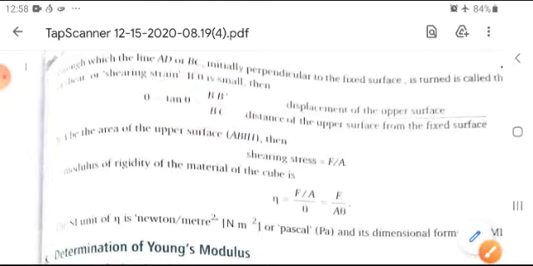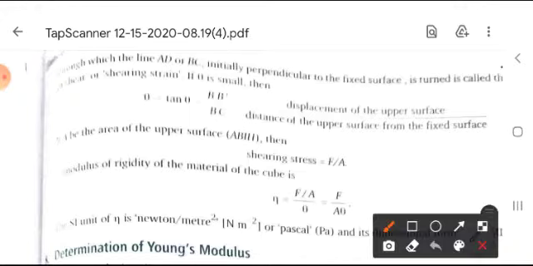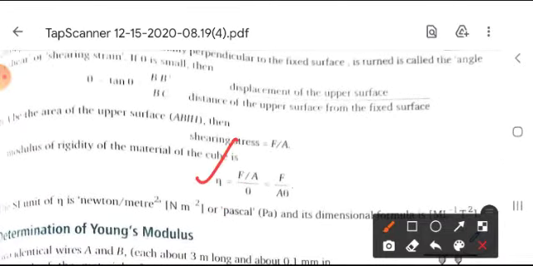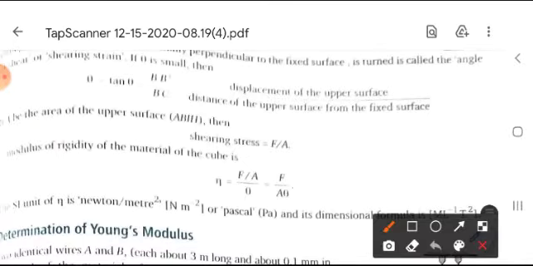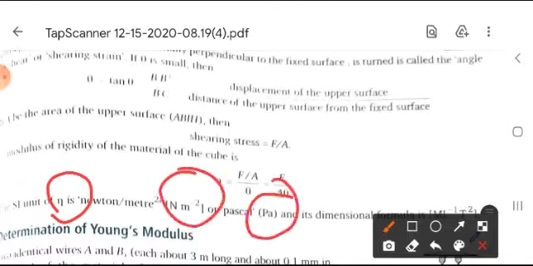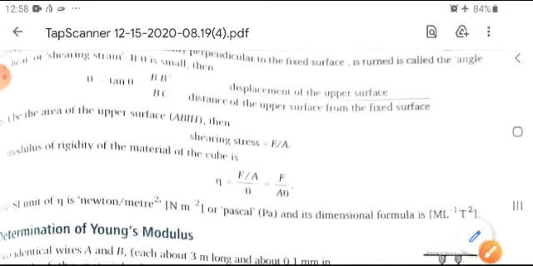So we get modulus of rigidity, which is denoted by Greek letter eta. This is letter eta, and its value is F upon A upon theta, that is F upon A theta. It has the unit Newton per meter square or Pascal, and the same dimensional formula M L minus 1 T minus 2.